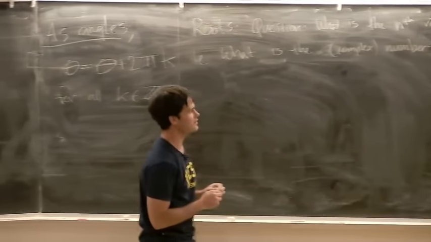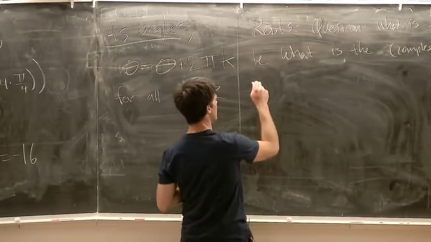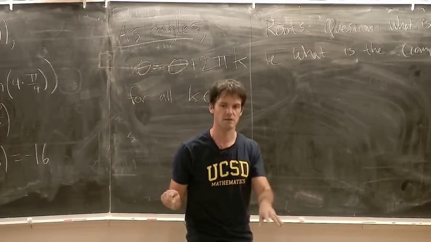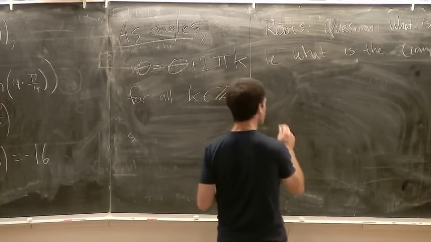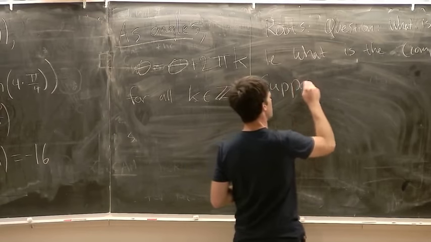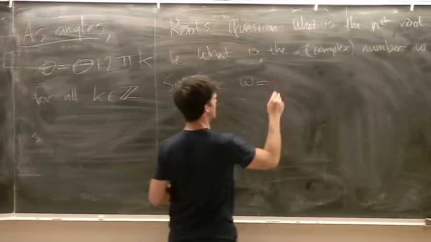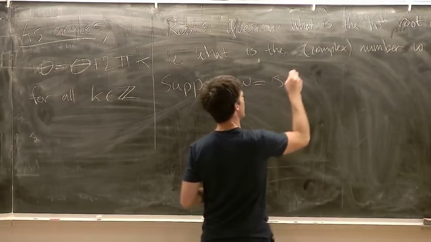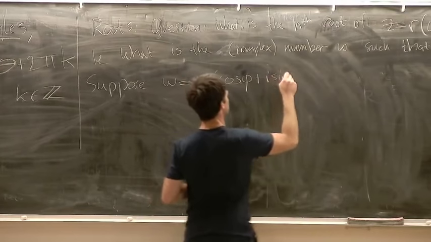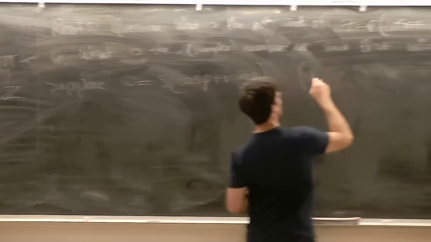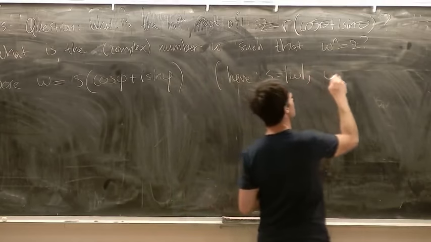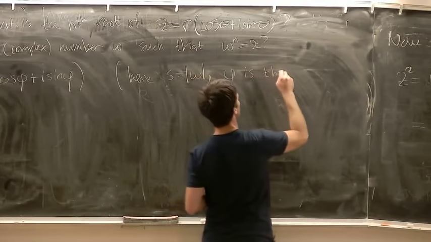So, okay, let's try and figure this out. First, let's write w. We don't know what w is yet, but whatever it is, it can be written in polar form. So let's suppose w is equal to s times cos of phi plus i sine of phi, where s is the magnitude of w, and phi is the argument of w.